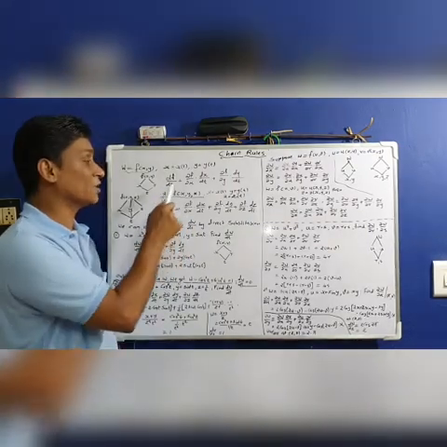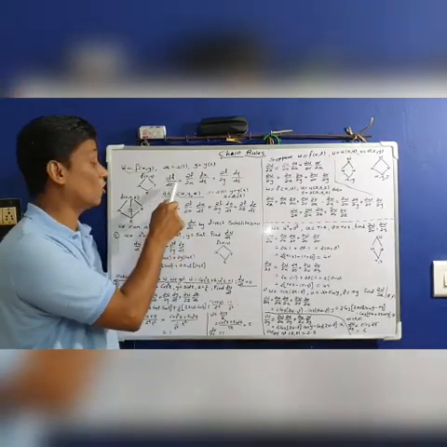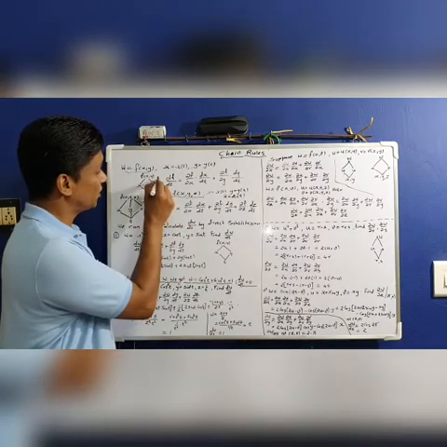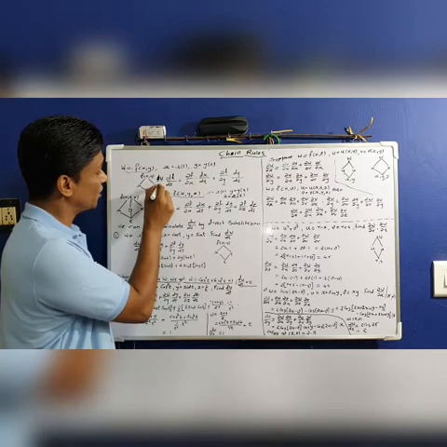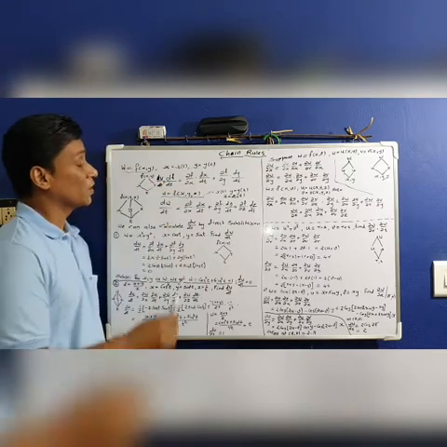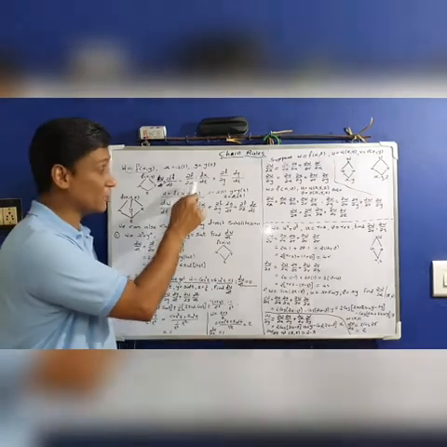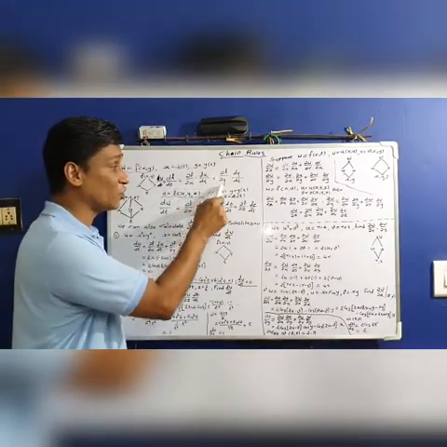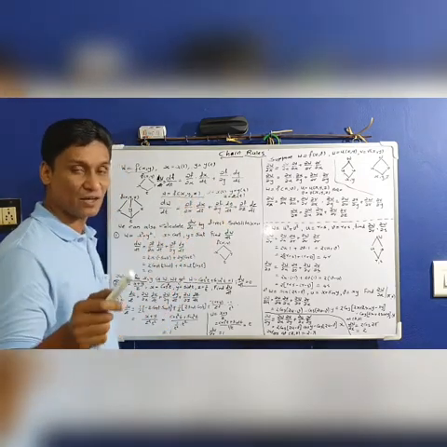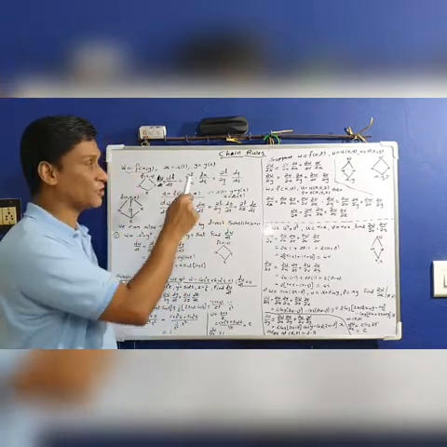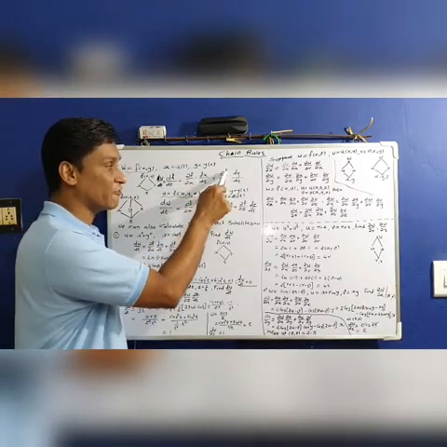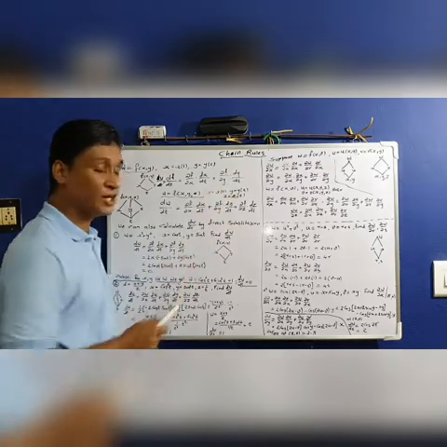So we can find the total derivative dw by dt or df by dt. dw by dt equal to df by dt equal to dou f by dou x into dx by dt plus dou f by dou y into dy by dt, because f contains x and y, and x and y are functions of t. So first we differentiate f partially with respect to x into dx by dt plus differentiating f partially with respect to y into dy by dt.